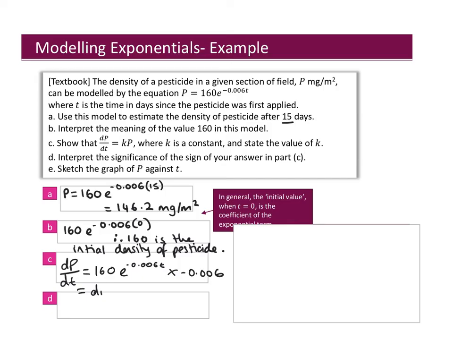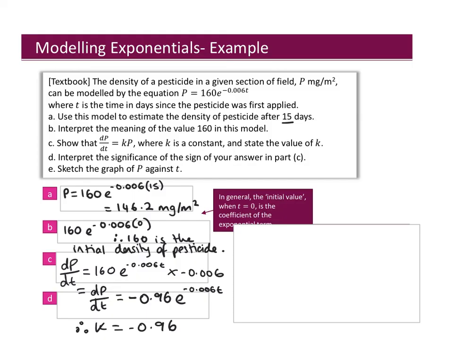So dP/dt equals minus 0.96e to the power of minus 0.006t. So therefore my k, in this case, equals minus 0.96.